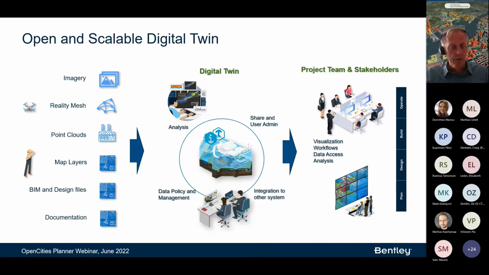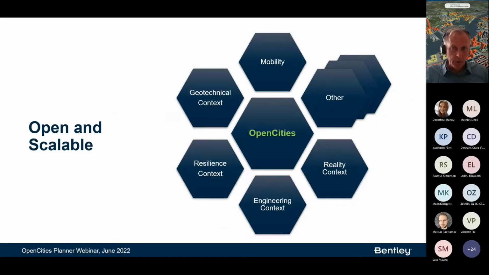So next slide, please. Also, I wanted to highlight OpenCities Planner being one component of the whole range of products that are applicable for many of these sectors that we are describing here, the cities and the campuses, airports, seaports, etc., but also the other sectors of transportation and owners of different kinds.